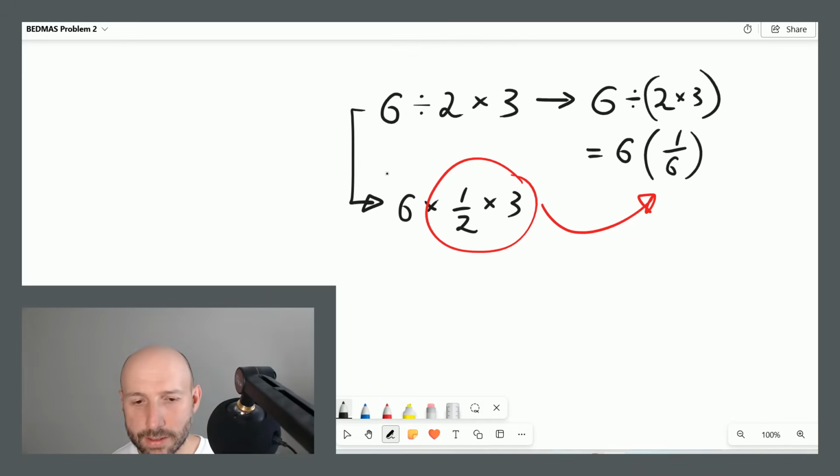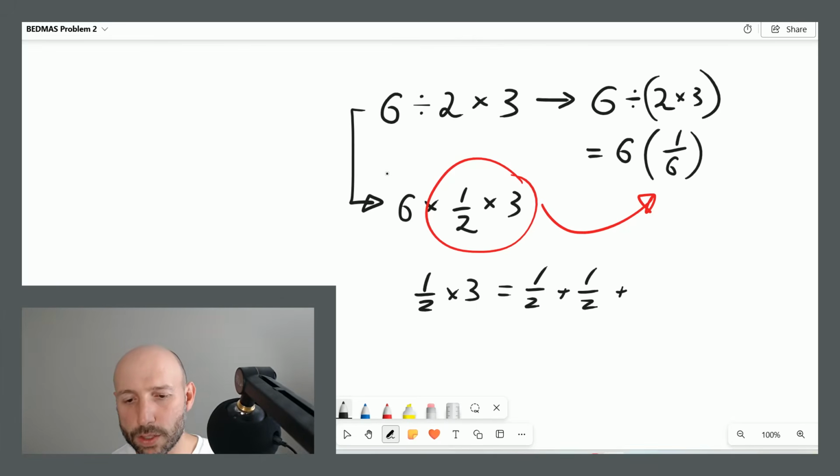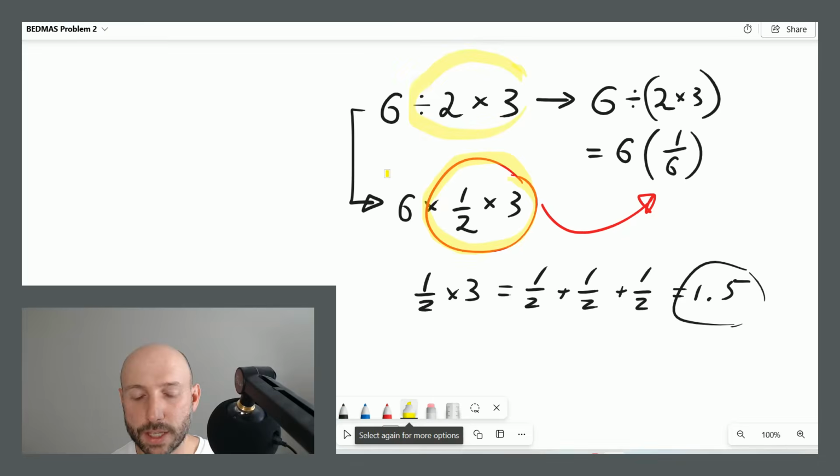You can't. 1 over 2 times 3 is 1 over 2 plus 1 over 2 plus 1 over 2, which is 1.5. It's 1.5.